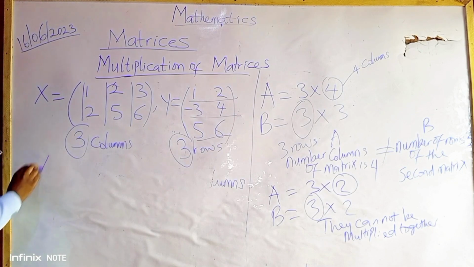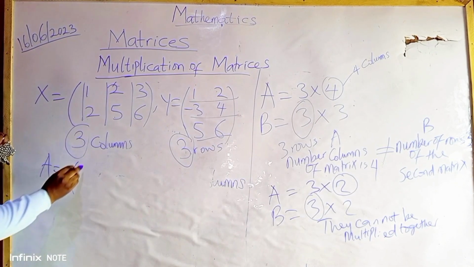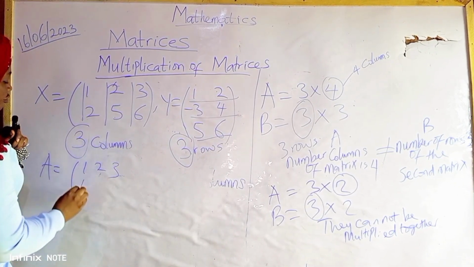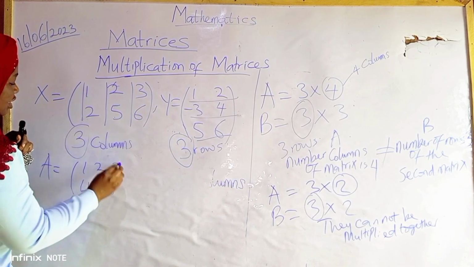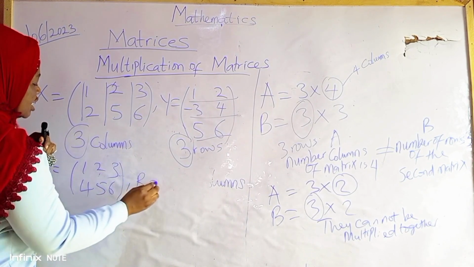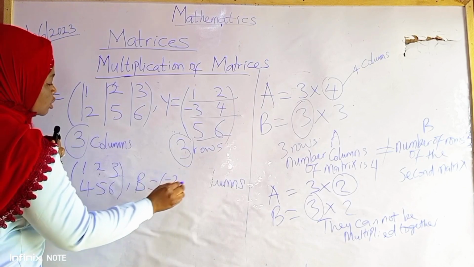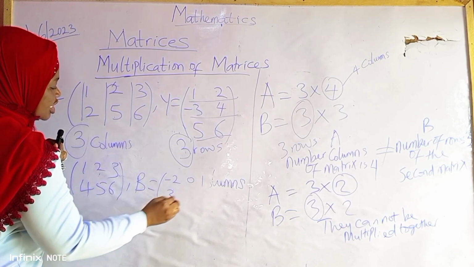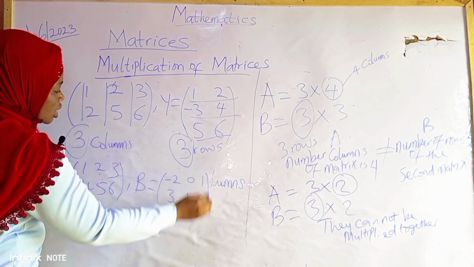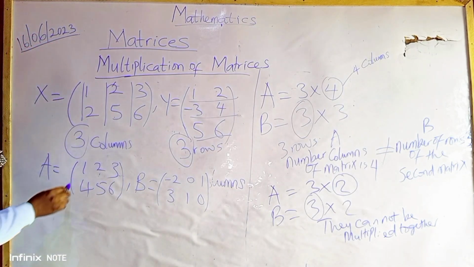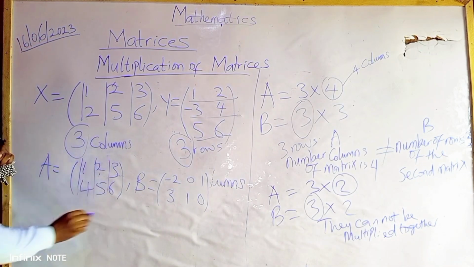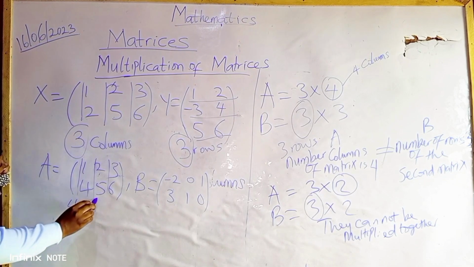But if my A is equal to 1, 2, 3, 4, 5, 6, and my B is equal to minus 2, 0, 1, 3, 1, 0. The column of this one is what? 1, 2, 3. So it has 4 columns.